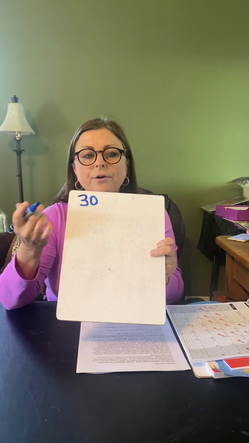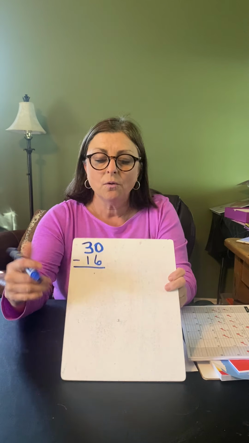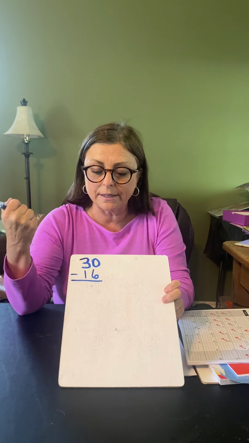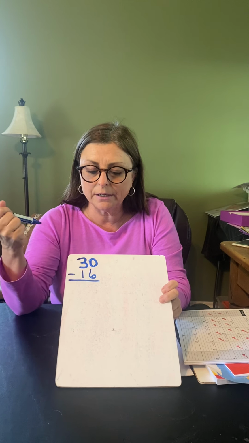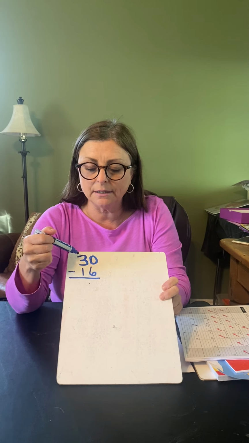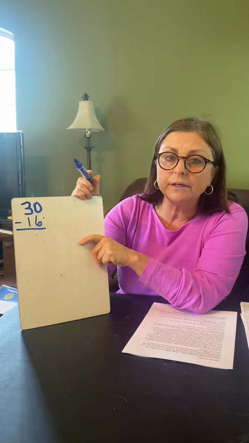Go ahead and put 30 on your whiteboard. This is the 16th day, so 16 days have gone by. We want to know how many more days until the 30th of the month. So we're going to subtract 16 from 30. Now, can we take 6 from 0?